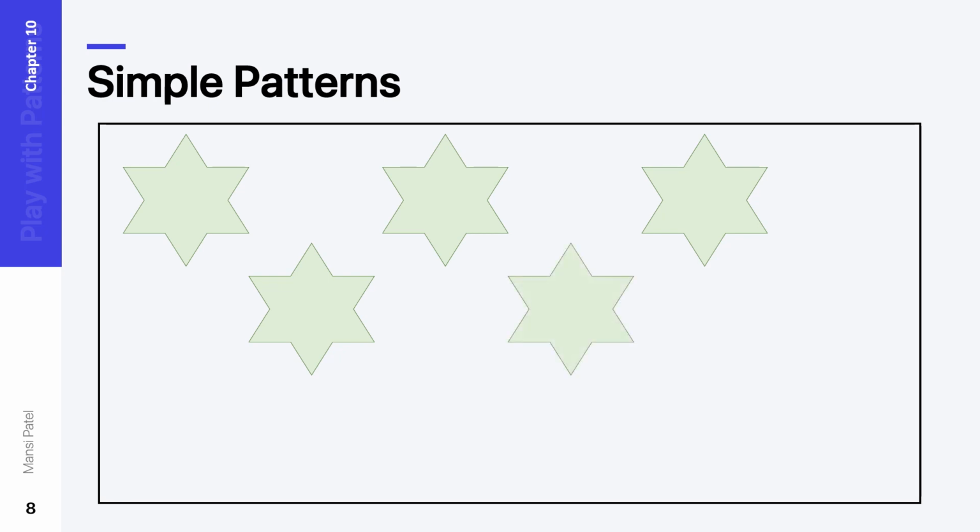So here you can see this type of pattern. It is not necessary that all the patterns lie on the same side. It comes like this also. So this type of thing is also known as a pattern.